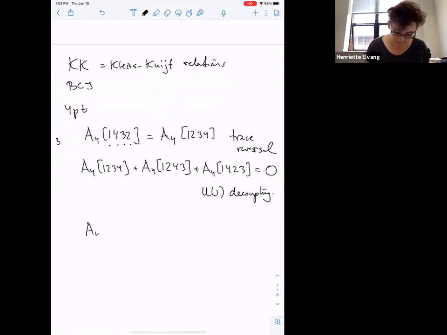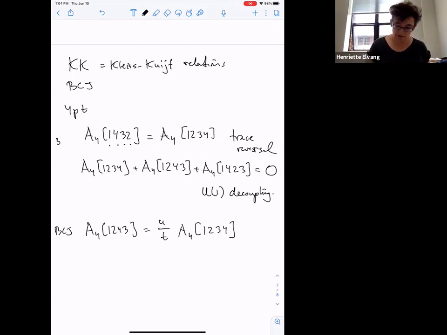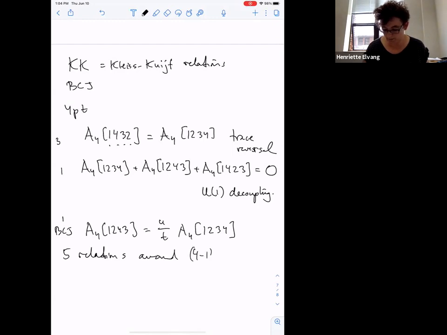Okay, and then finally, there's an example of BCJ that we've seen that gives us that this amplitude is u over t times A4(1, 2, 3, 4). So there's a total here of 5 relations among the (n minus 1) factorial, (4 minus 1) factorial equals 6 amplitudes, and that leaves just 1.